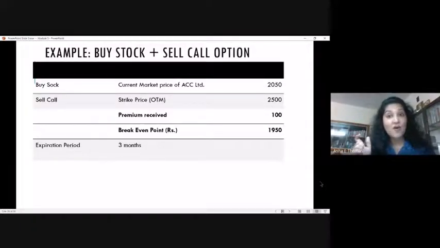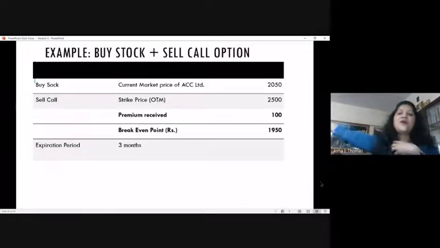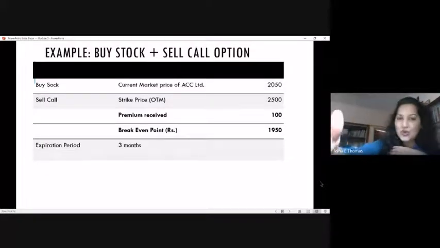That is the kind of increase in share price which you expect from your asset. So you kept your strike price at 2,500, and the other party would be exercising the right if the share is above 2,500 in the market. That's why it is called out of the money.